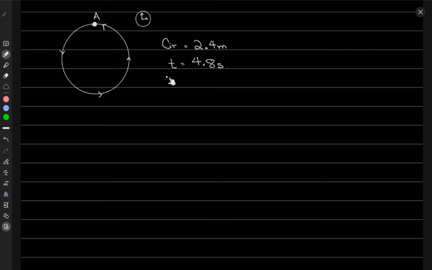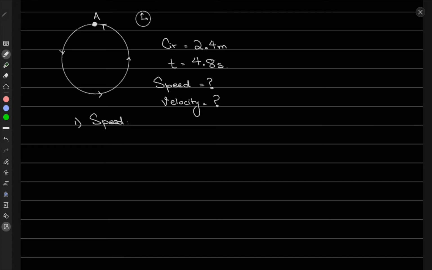Now you want to find the speed or the average speed of the train. And then I say that let's find the velocity of this train as well. So let's first start by finding the average speed of the train.